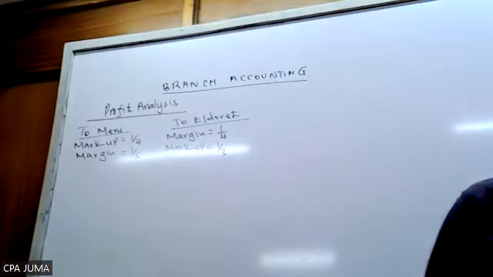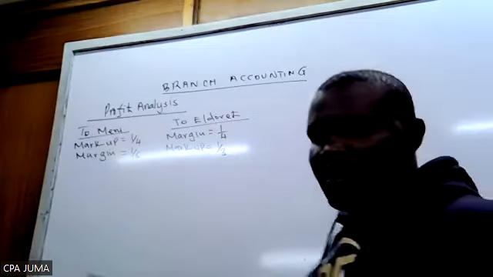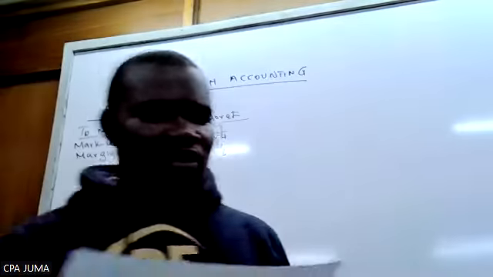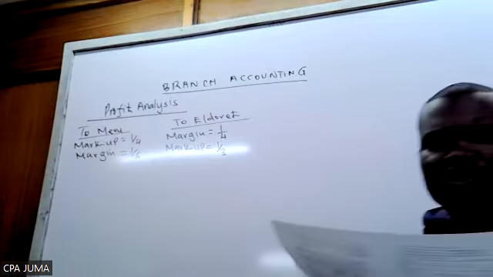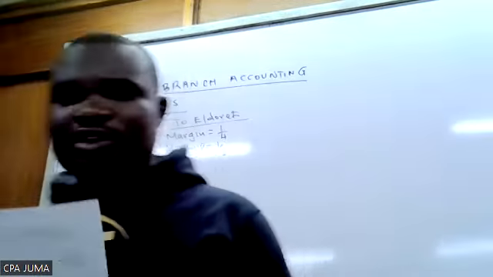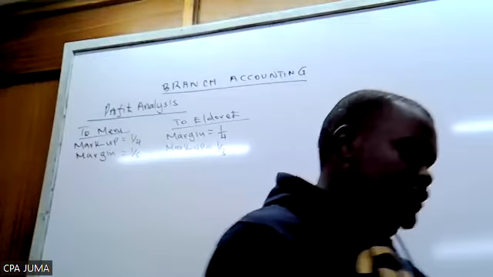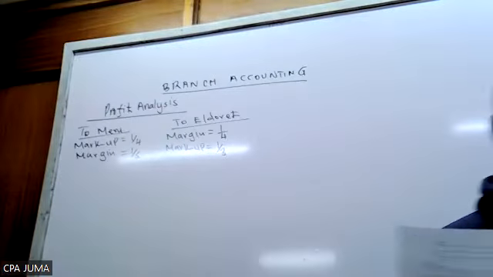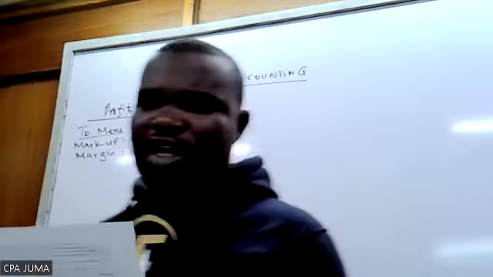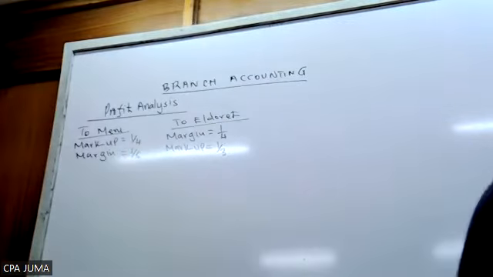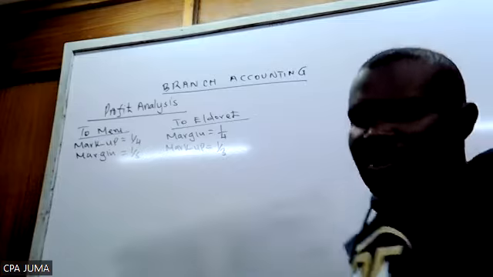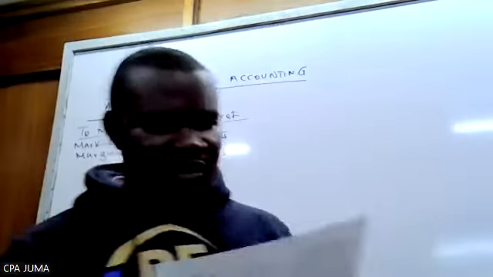The following transactions took place during the period: inventory on 1st September, goods sent to branch, goods returned by customers to head office, cash received from debtors, discount allowed, bad debts written off, cash remittance, expenses paid by the branch, cash balance, debtors balance.